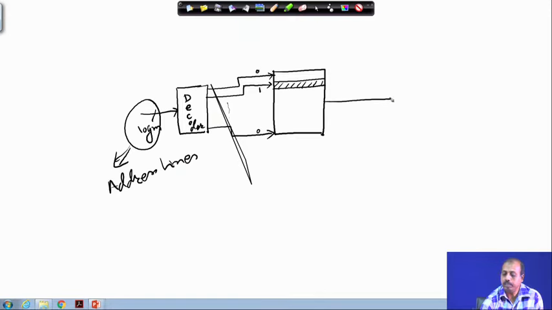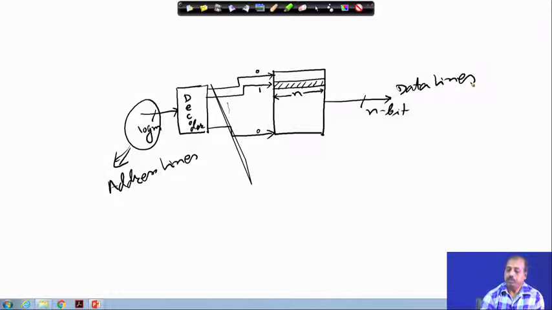If the number of columns here is n, then at this point I get an n bit output, and these are known as the data lines.